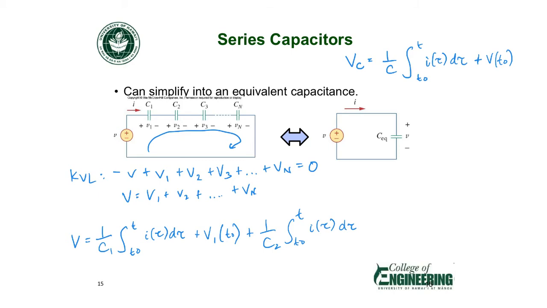So the current through these capacitors is all going to have the same value. I could have a different voltage across capacitor C2 at time equals t0. And so forth.